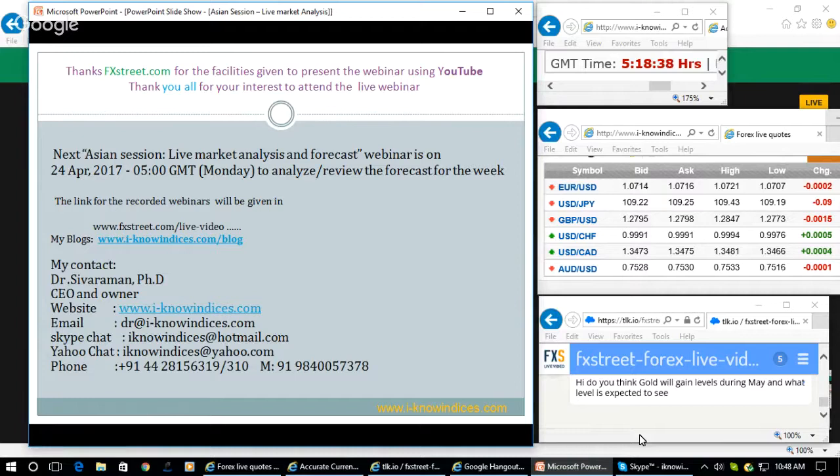Ultimately, after accumulating buy positions at the lower level, they are compelled to push it up using every trigger to book profit at the highest level. So the gain is inevitable in gold because they have accumulated a huge position at low levels.